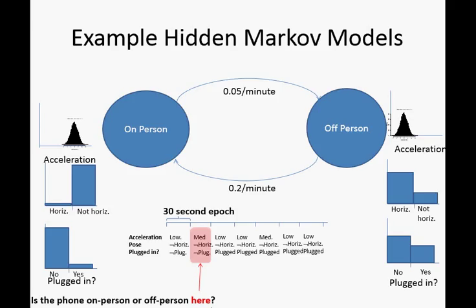But that isn't necessarily going to give you the states that you're interested in. Maybe you're interested in on-person, off-person, but what it may be deducing is whether you're indoors or outdoors. There's nothing inherent in the fact that you specified a two-state model here, and you specified some distributional forms to take into account for several measurands, that's going to force it to elicit the semantics, the underlying distinction in which you're interested.